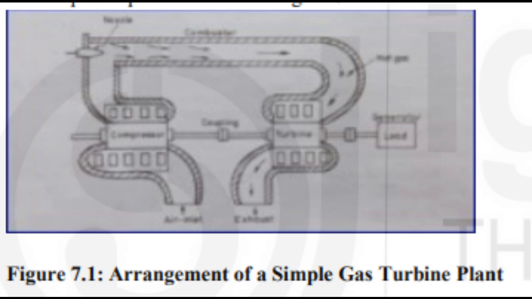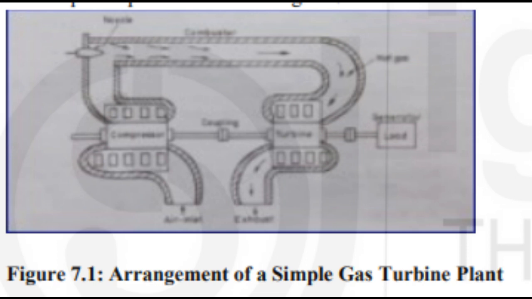The simple gas turbine power plant mainly consists of a gas turbine coupled to a rotary type air compressor and a combustor or combustion chamber, which is placed between the compressor and turbine in the fuel circuit. Auxiliaries, such as cooling fan, water pump, etc., and the generator itself, are also driven by the turbine.